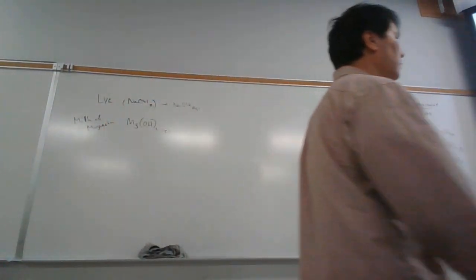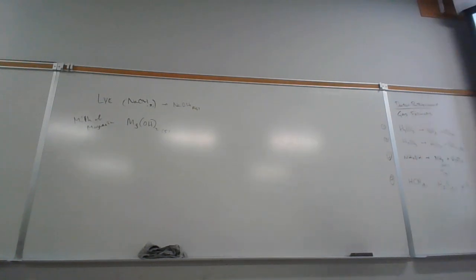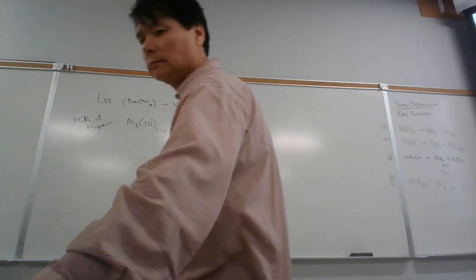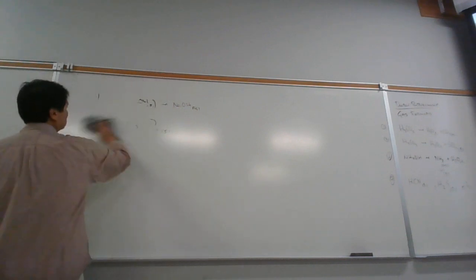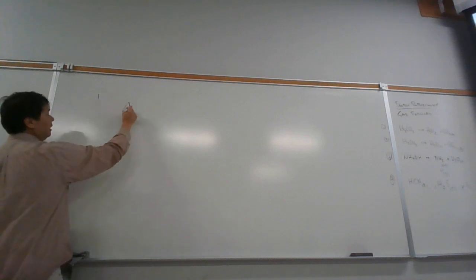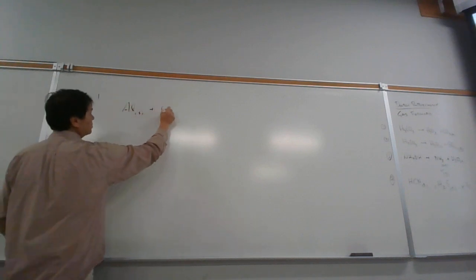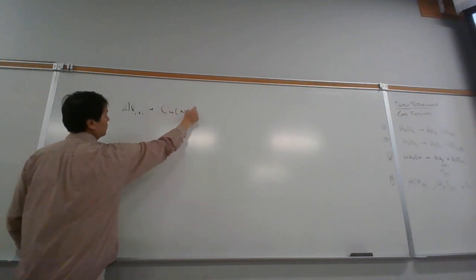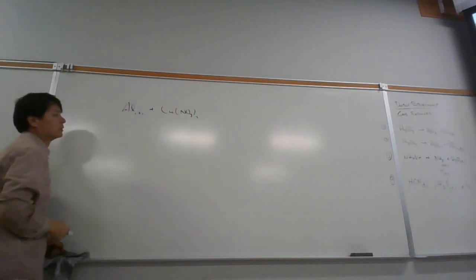Can we take a look at 77? Aluminum shavings are dropped into a solution of copper 2 nitrate. Okay, aluminum is just aluminum solid plus copper 2 nitrate, which is aqueous.